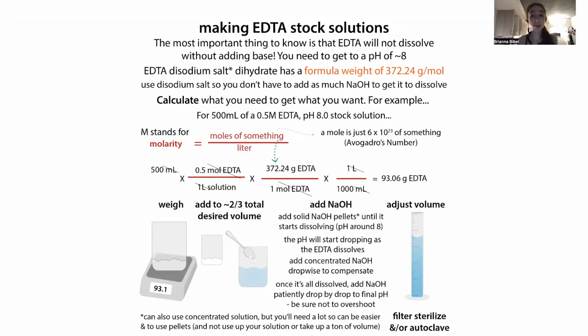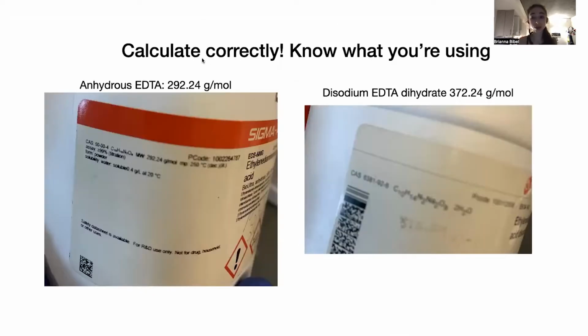When we're talking about molarity, what we really care about is the number of moles of EDTA. But the formula weight on the bottle is in terms of that whole complex: EDTA, 2 sodiums, and 2 waters. Those sodiums and waters add weight, which contributes to the formula weight or the molecular weight.